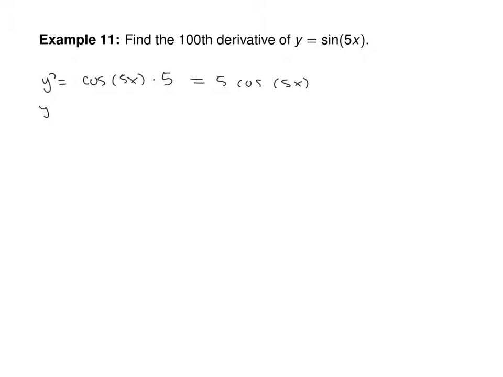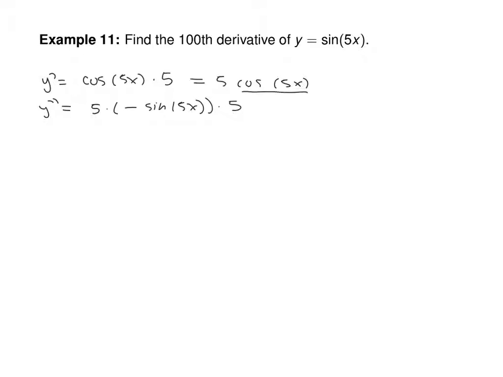Okay, what's the second derivative? So still got the 5, right? What's the derivative of cosine of 5x? How would you guys tell me? What's the derivative of cosine of 5x? Negative sine of 5x multiplied by another 5.